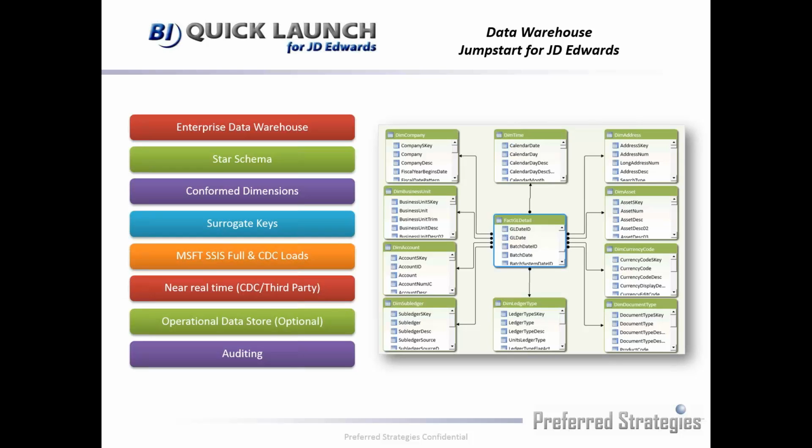So really, what is a star schema? There are two types of tables in our target warehouse: fact tables and dimension tables. A fact table stores your measures and some dimensions. Think of the general ledger as a fact table, or the AP detail maybe as a fact table.